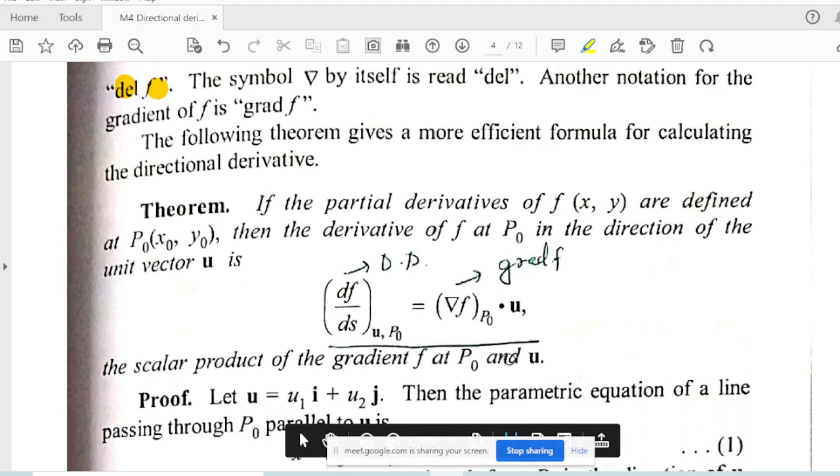Earlier we defined the directional derivative using the limit definition. Now, using the gradient, we can also find the directional derivative.